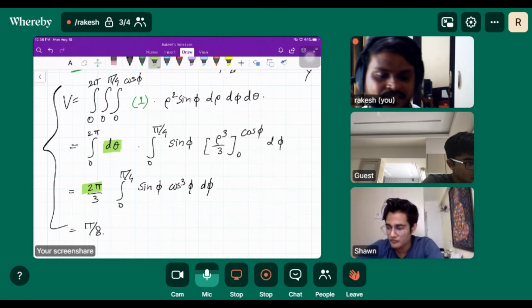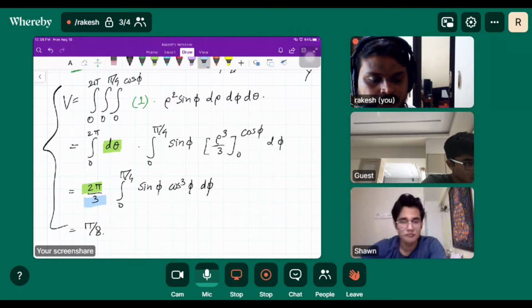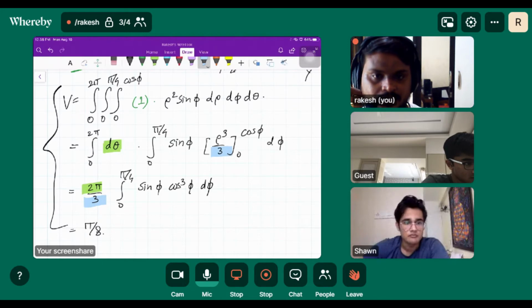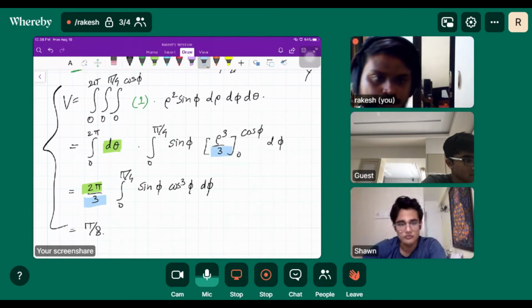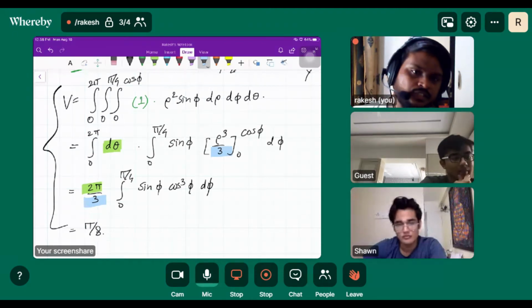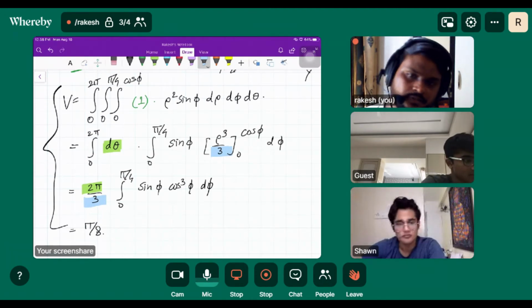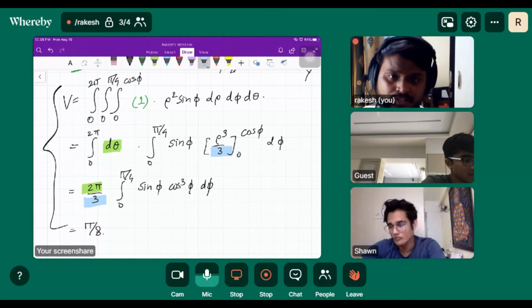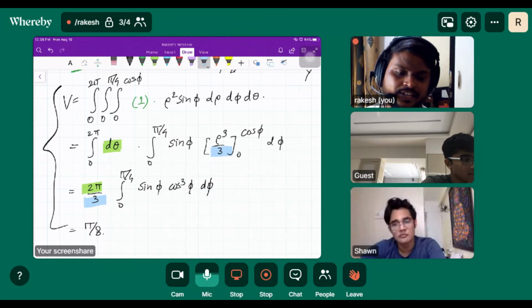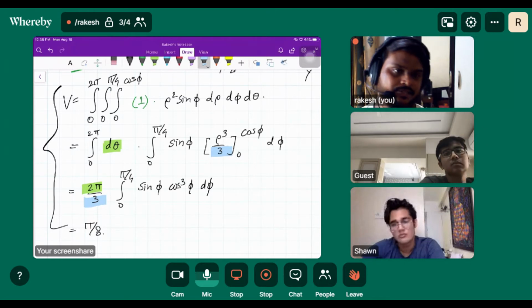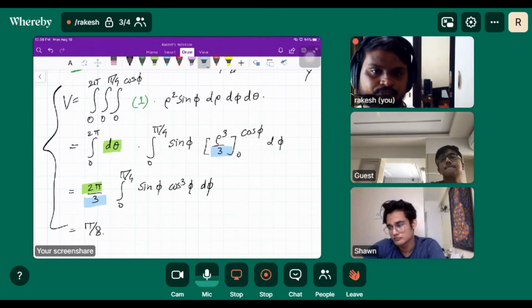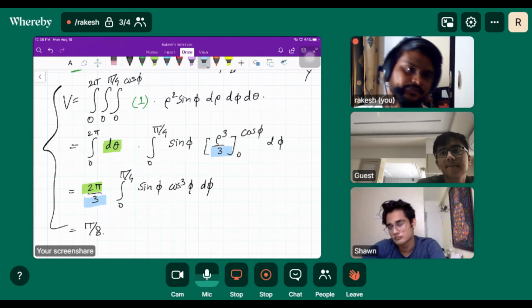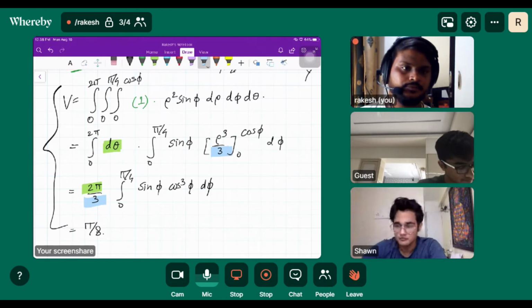I got 2 pi, and this 3 is basically from this part, rho square over 3, so I took that 3 outside. If you do that, you no need to worry about the symmetry, or you may get the answer as 0, because we are integrating theta separately here. Otherwise you will get 0, right?